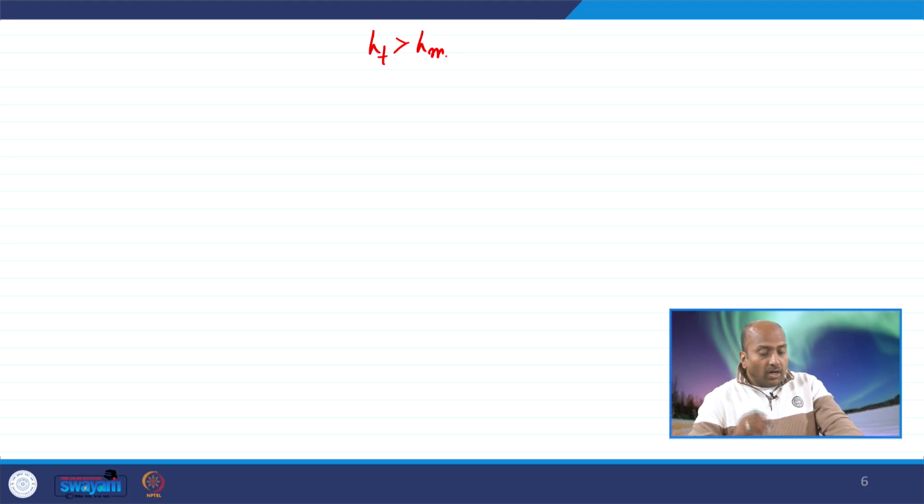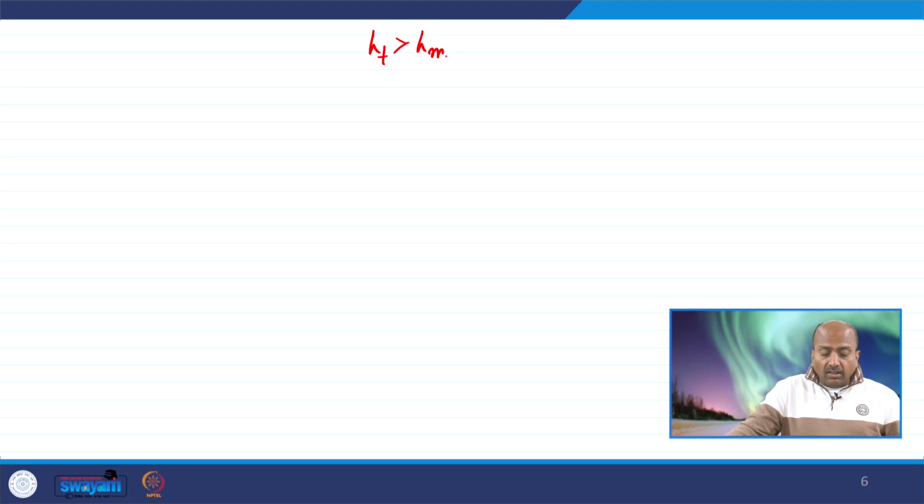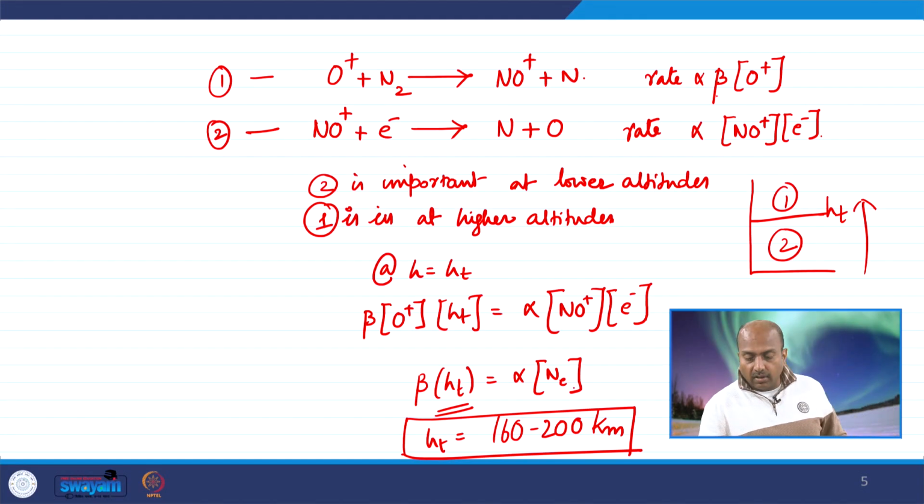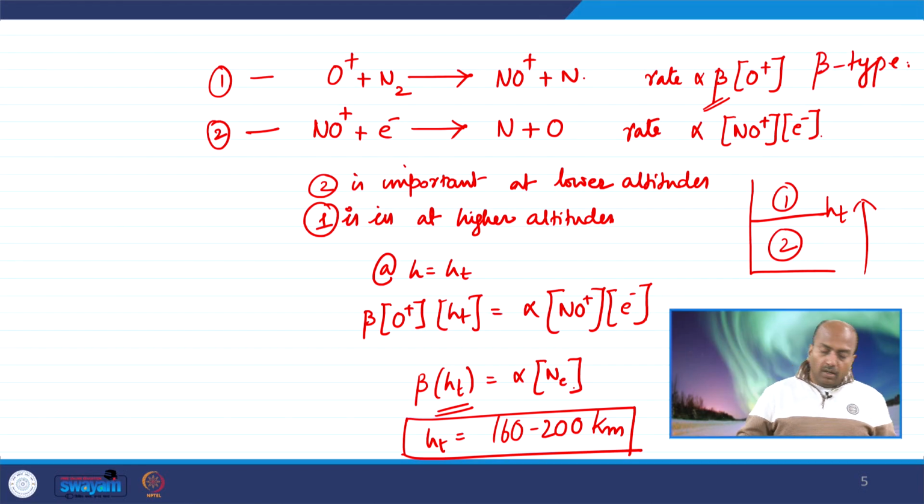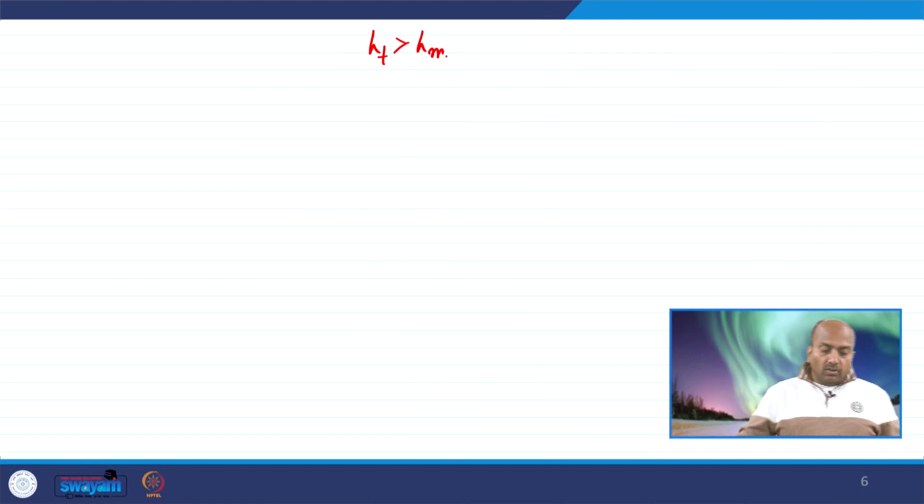Now, to explain the formation of F2, we can consider the upper part of the ionosphere where recombination is beta type, denoted with a coefficient beta.